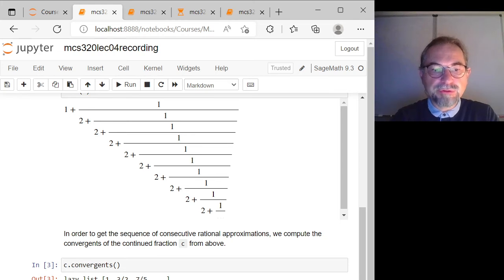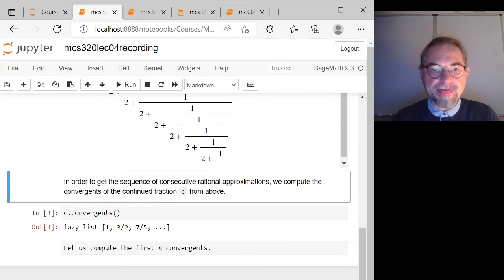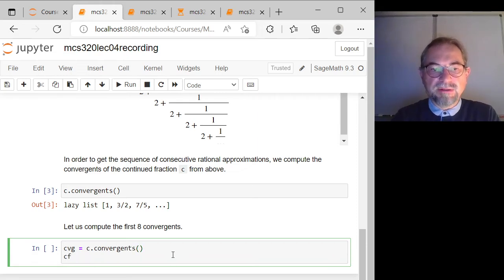So let us compute the first 8 convergents. So we only see the first 3. So how do we do this? I'm going to assign the convergents to a variable name. And then I need the first 8, so I can leave off the beginning. And I'm going to convert this to a list.